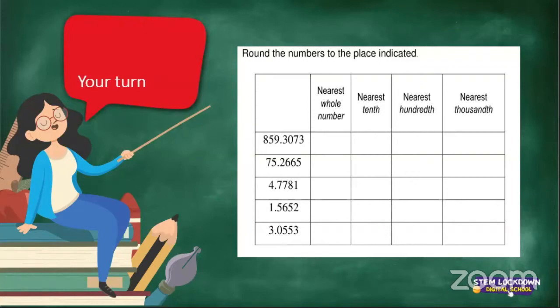So we're moving on to the last row. We have 3.0553. The whole number is 3. So the nearest 10, what's the nearest 10? 3.1.